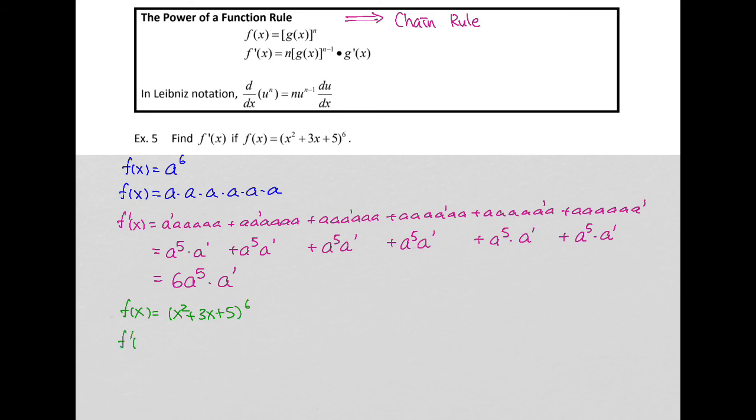Then our differentiation f prime x will be 6, bring it down, (x squared plus 3x plus 5), the base doesn't change, to the exponent 6 minus 1, which is 5, times the differentiation of the function inside the bracket, which is 2x plus 3. And that will be the differentiation of f(x).